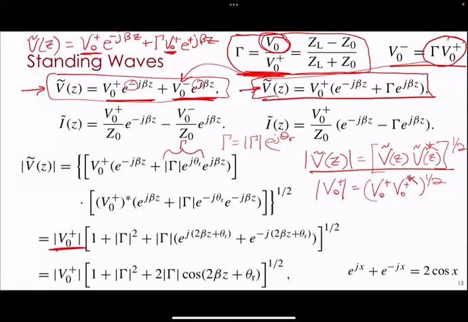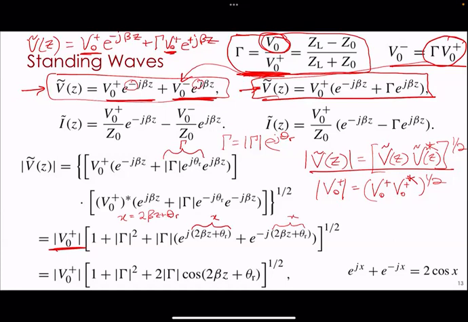So what can we do here? That's just for fun. Call that x. In other words, x equals 2 beta z plus phi, or theta r, which means that's also x.